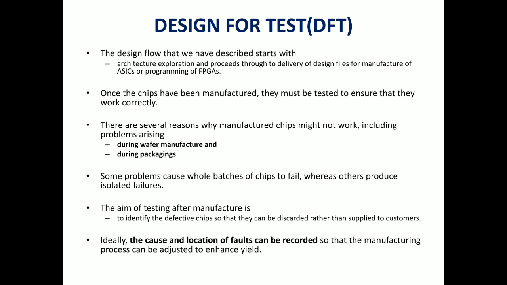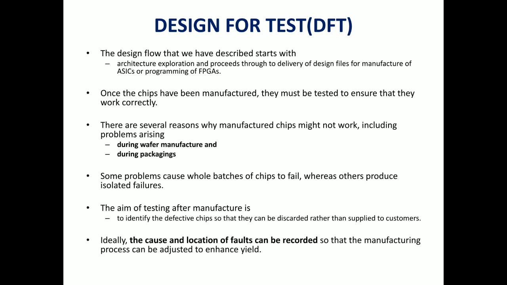There are several reasons why the manufactured chips might not work, because the problem may arise during wafer manufacture or during packaging. Some problems may cause whole batches of chips to fail, while others produce isolated failures, meaning some of them may fail and some of them are working. Why do we need to test these ICs as defective or working fine?